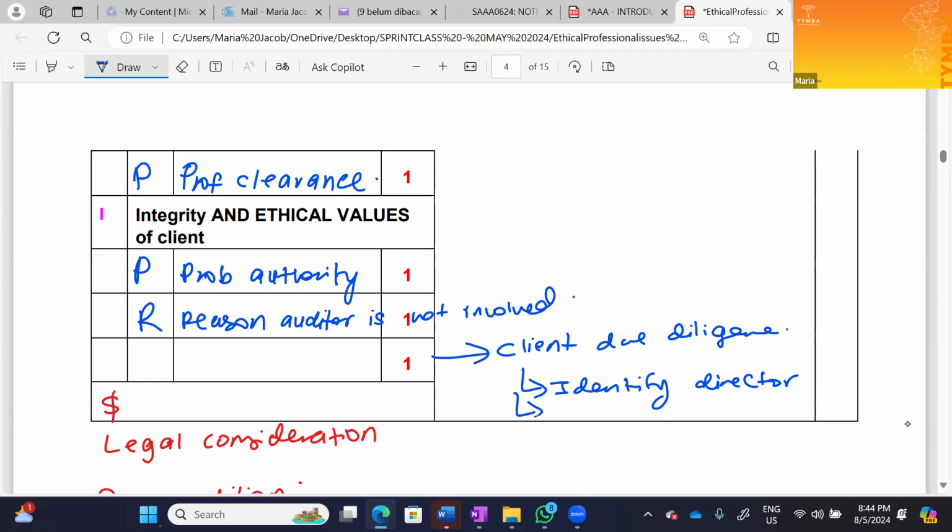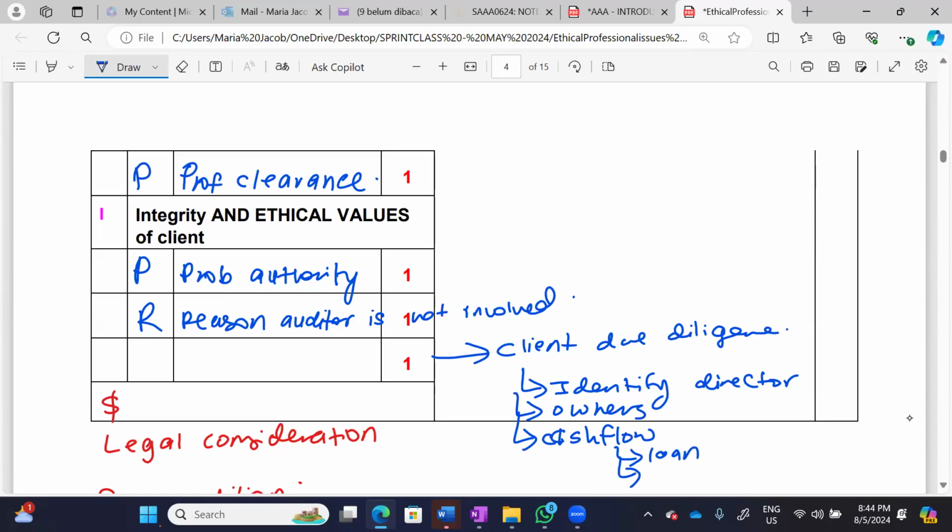You want to identify who the owners of the company are and what the source of cash flow is: how they are funding their business, whether through a loan or through share capital. All these will tell you what type of client this is and the level of integrity of this client.